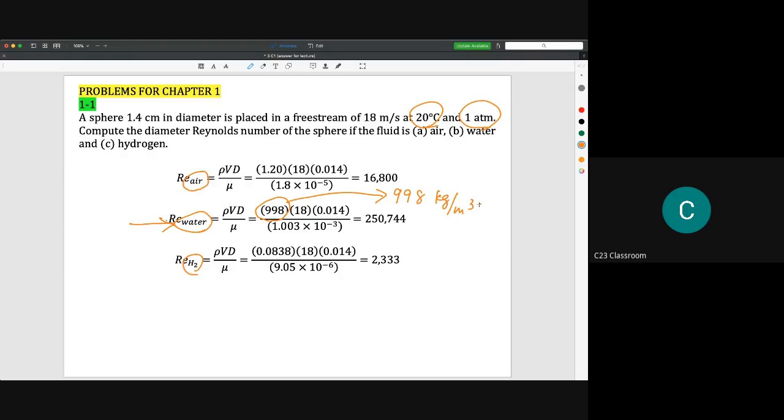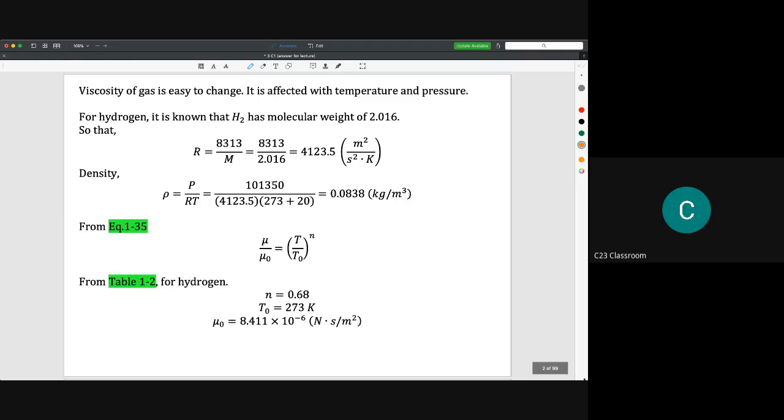So I think it is not critical for you to get the properties of what we listed here, air and hydrogen, by taking the common value from the table. Okay, so this is the answer. And then next, because we are dealing with a gas, we have air, we have hydrogen. Air is quite sensitive to temperature.